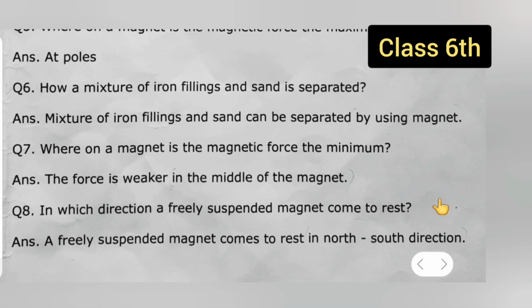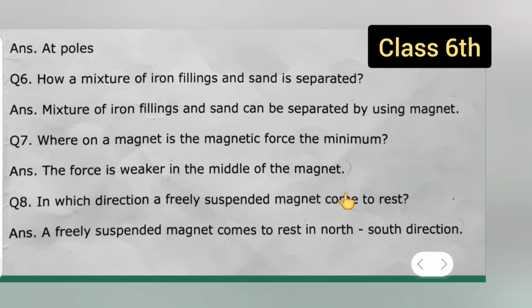Next question: where on a magnet is the magnetic force the minimum? The force is weaker in the middle of the magnet.